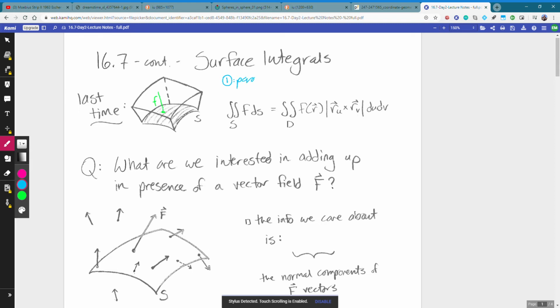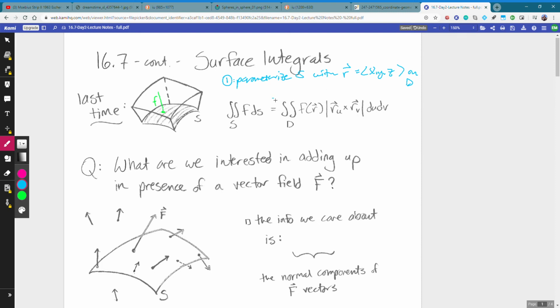We need to parameterize our surface with our vector function, handing us the x, y, z coordinates of our points on our surface. And we have some parameterization domain for whatever parameters u and v we're using. We'll have two of them since we have a surface.